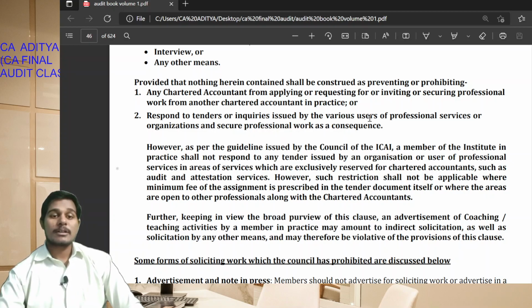Responding to tenders or inquiries, issues of various professionals, and securing work as a consequence. Various users of professions means the CMA, CS, or chartered accountants. If all these professionals are invited, then the chartered accountant will not be guilty of professional misconduct if he responds to tenders or inquiry.